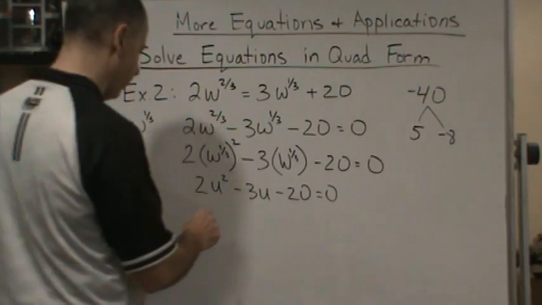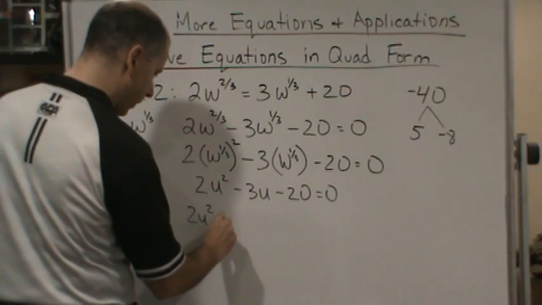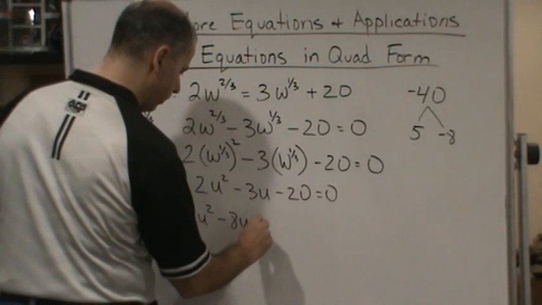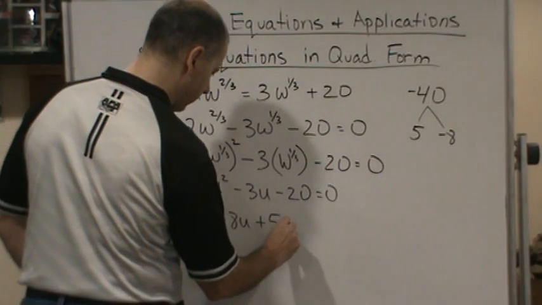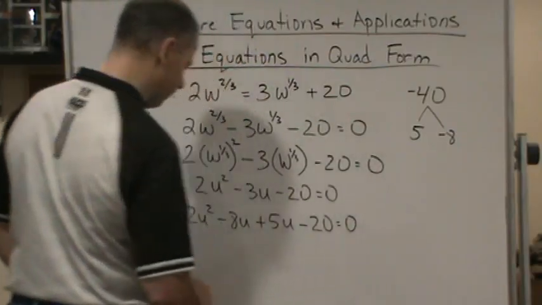And so now we're going to do the method of decomposition. So 2u squared minus 8u plus 5u minus 20 equals 0.